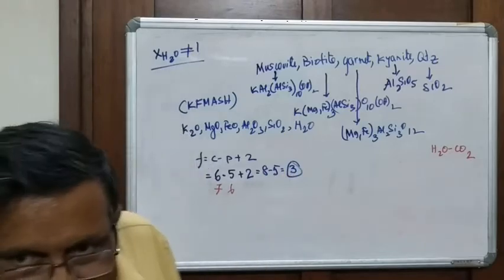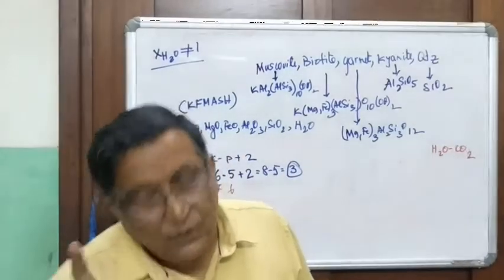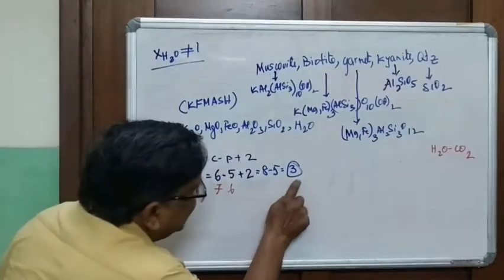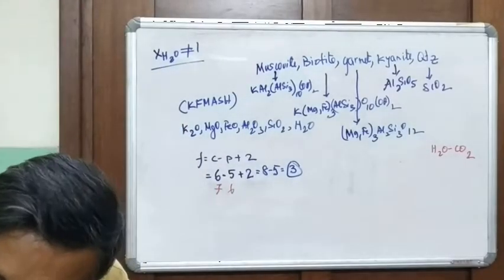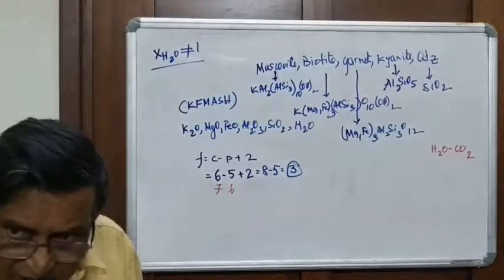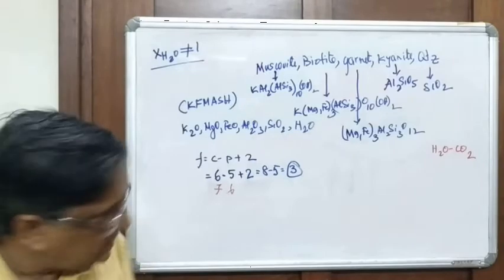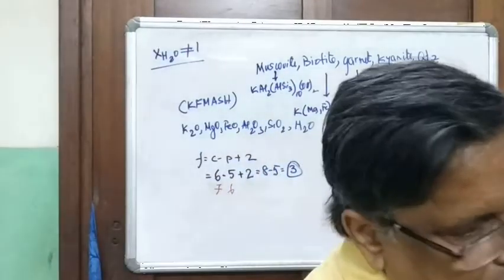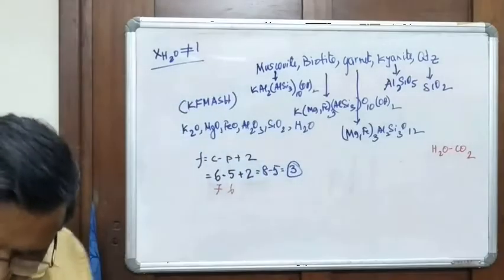Have you understood? It doesn't change. Why is it not changing? Because here XH2O is a variable. For the blue part, H2O is a variable. I have not taken it as a fluid phase. When you do this, H2O is still a variable.